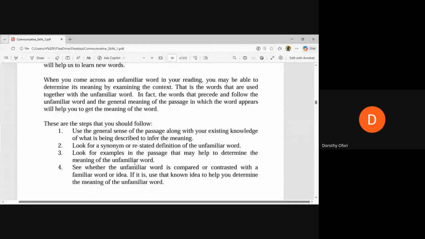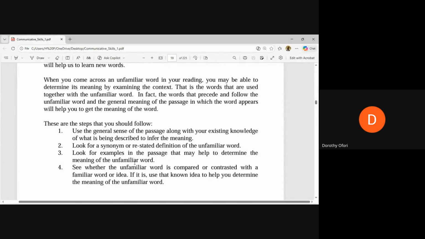Now, let's look at the steps that you should follow when you want to read using context, using the situation, using the surrounding words. The first thing you should do is use the general sense of the passage along with your existing knowledge of what is being described to infer meaning. For example, I've talked about present and present. My general knowledge is present, a gift, and present, or being around.